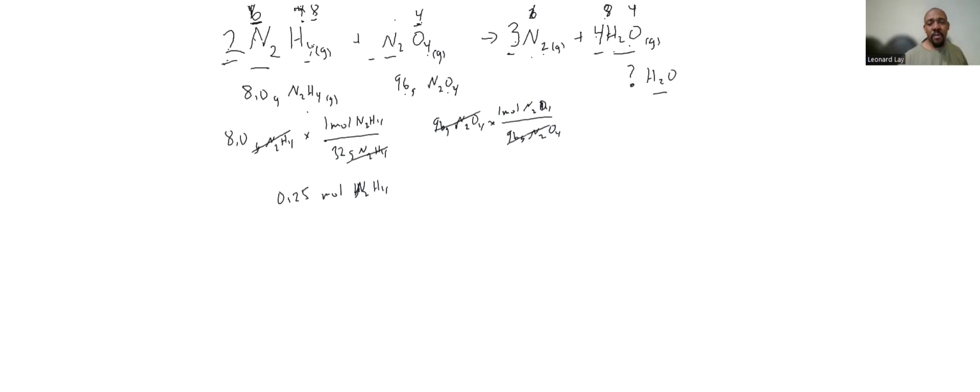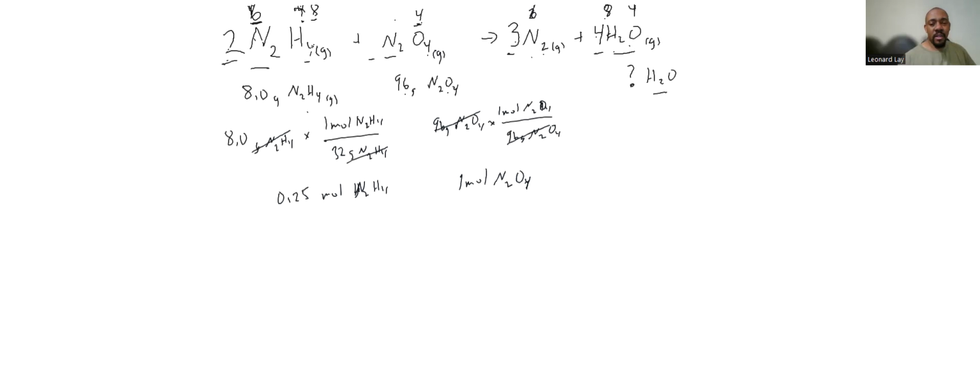So we're left with 1 mole of dinitrogen tetroxide. So our question is, which of these is the limiting reagent? That's right.